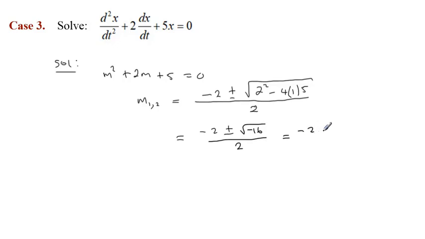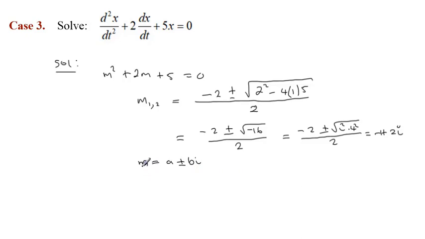Going further, we get minus 2 plus or minus the square root of i squared by 4 squared, all over 2, which later simplifies to minus 1 plus 2i. So in this case, we've got an m which is a complex quantity, a plus or minus bi.